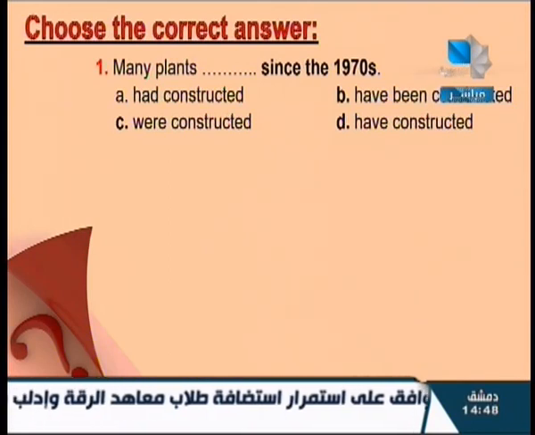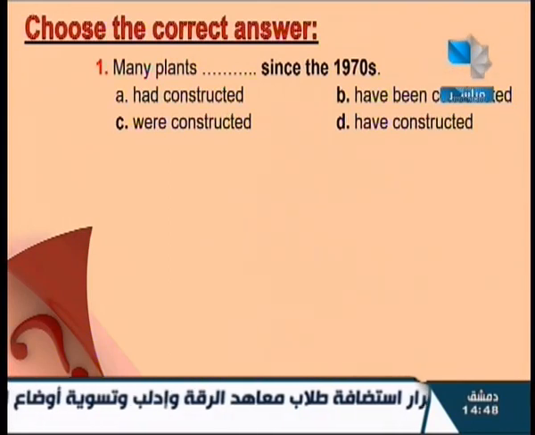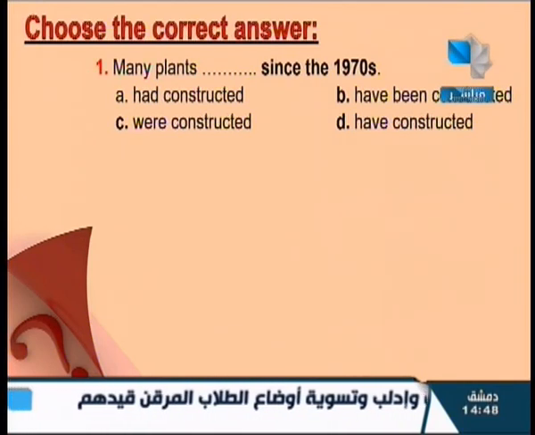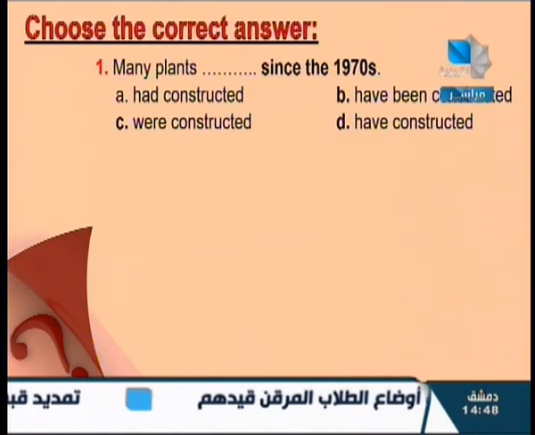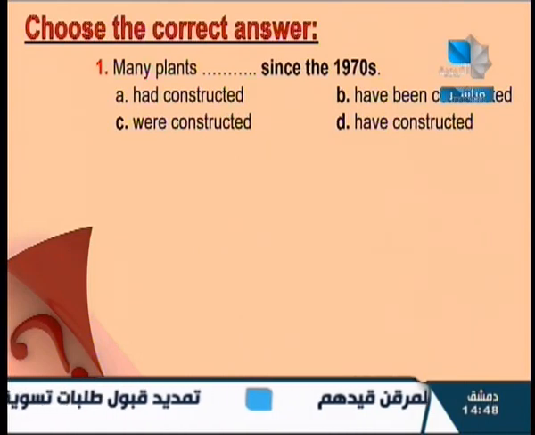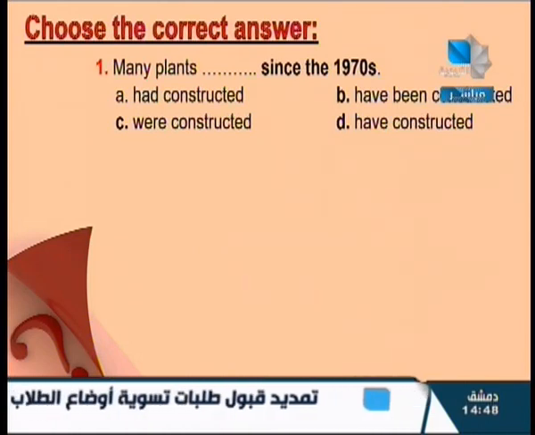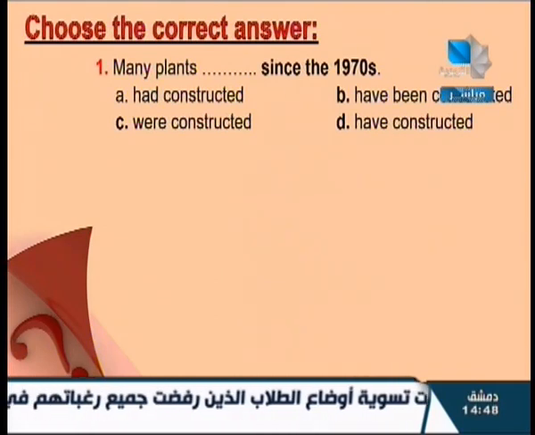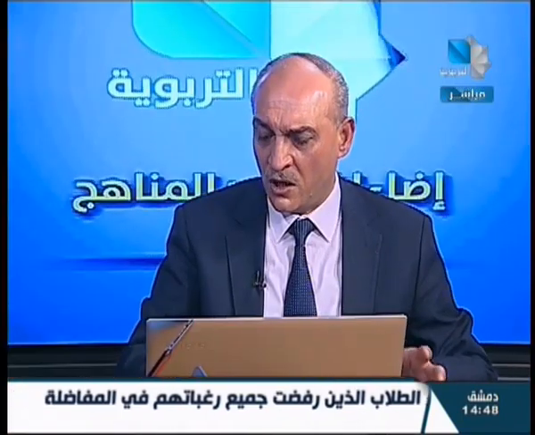So here we have been, and we have the third form of the verb which is constructed, and that is the right choice or option. Thank you very much. It is a good sentence, I mean, because we can explain easily to the students how the question will be in the final exam.